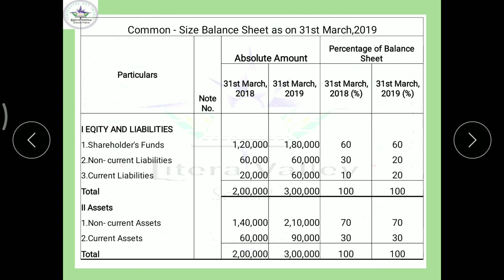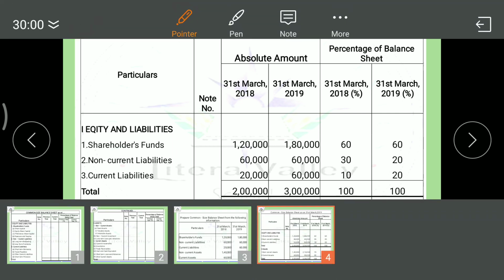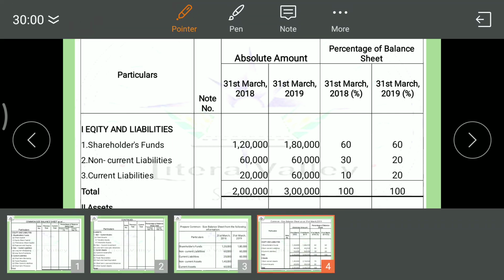But what you have to keep in your mind always is that it is vertical analysis and the data will be compared accordingly. Okay, so keep practicing these things. Till then, goodbye.